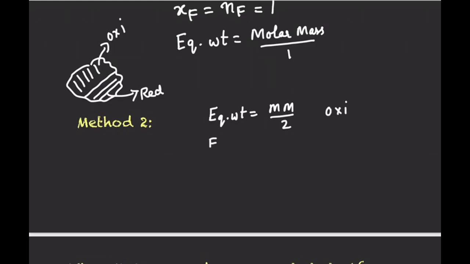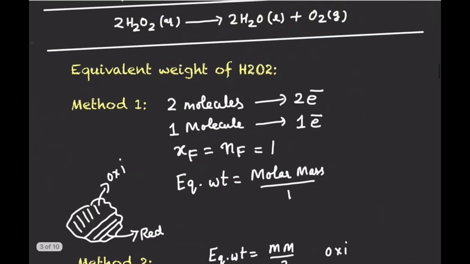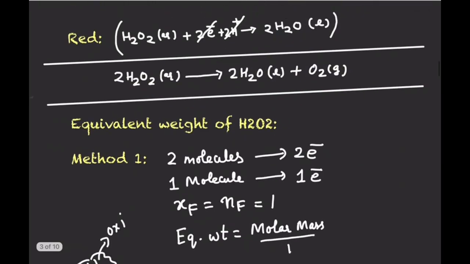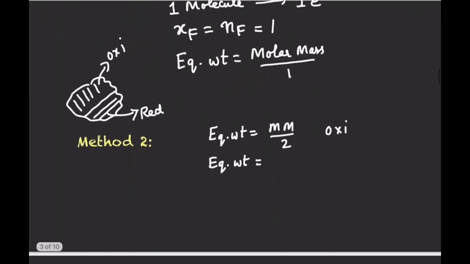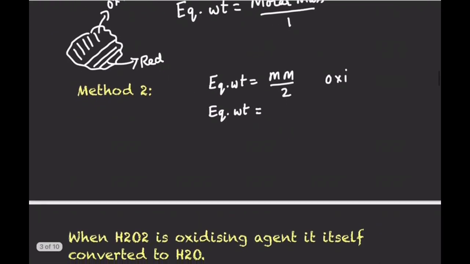For the reduction part we will calculate the equivalent weight. So again in the reduction part, H2O2 is converted into H2O by accepting 2 electrons. So for the reduction reaction, 1 molecule is accepting 2 electrons. So equivalent weight is equal to molecular weight divided by 2. This is for the reduction part.